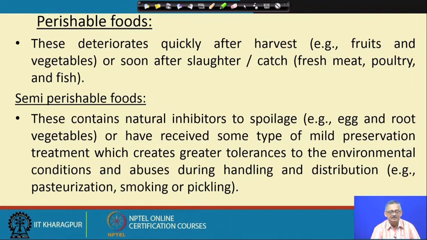It means that these deteriorate quickly after harvest, for example, fruits and vegetables, or soon after slaughter or catch, for example, fresh meat, poultry or fish. Right? So, those which are quickly deteriorated, they are called perishable.